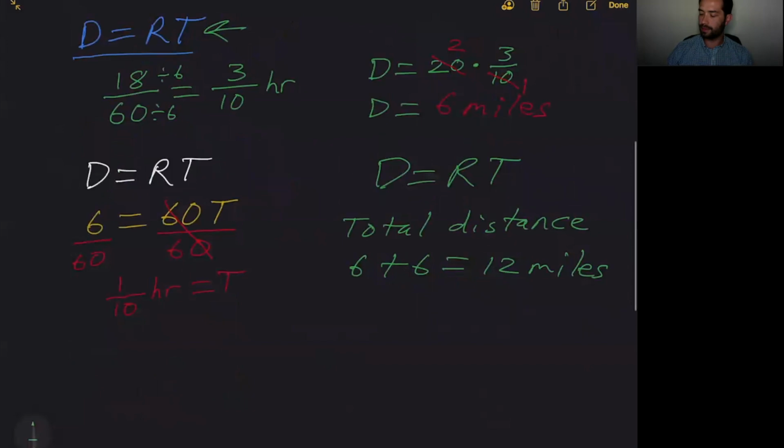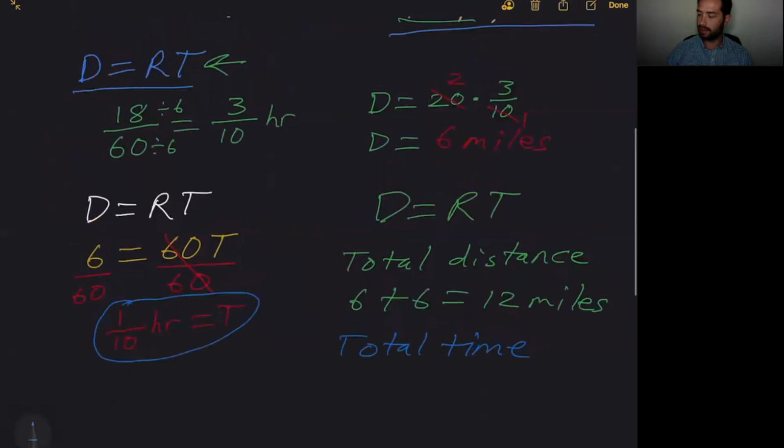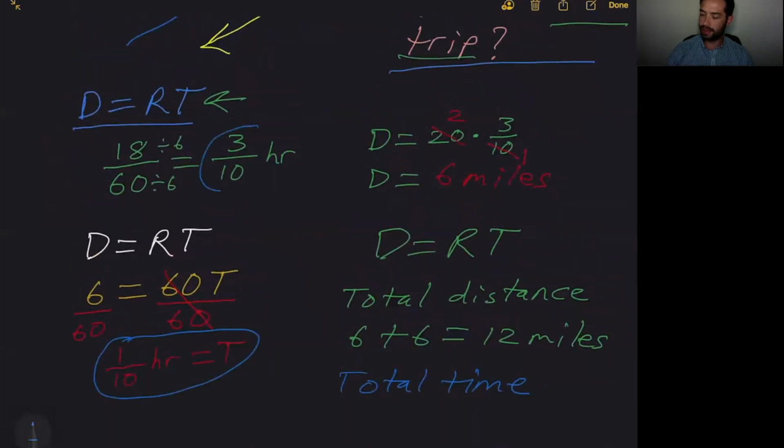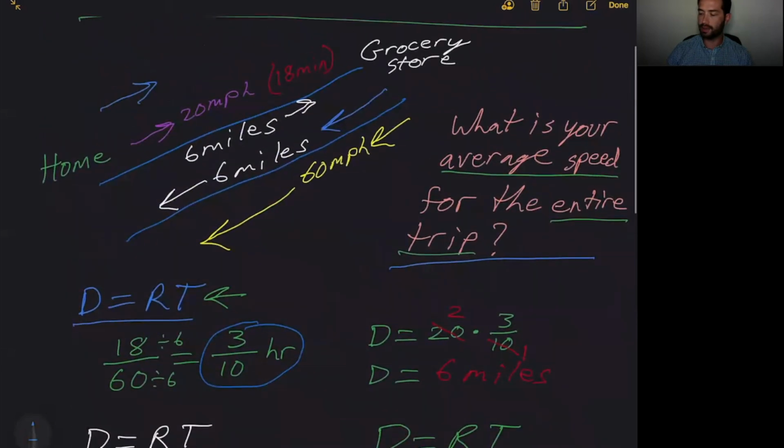And then we have to do our total time, which was the 1/10 of an hour right here, and the 3/10 of an hour, right? Because it took us 3/10 of an hour to go up the hill, and then just 1/10 of an hour to go down the hill.